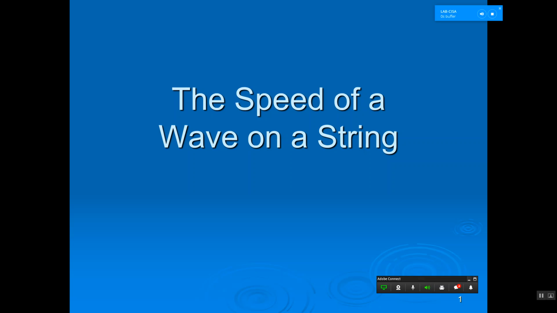The idea of fundamental frequencies is very prominent in string instruments, because you pluck a string and you get a fundamental frequency that produces a sound equivalent to a note.